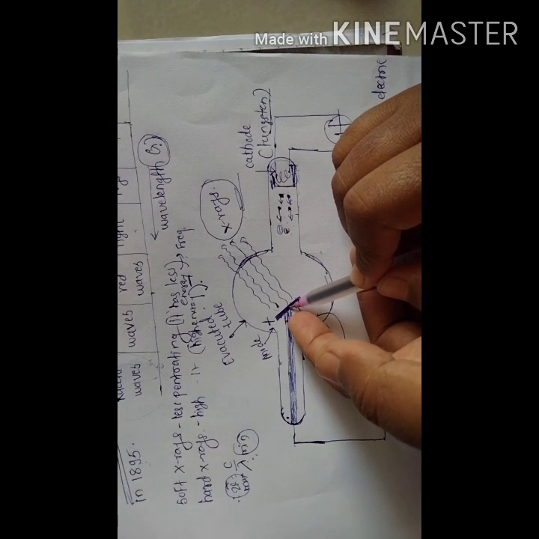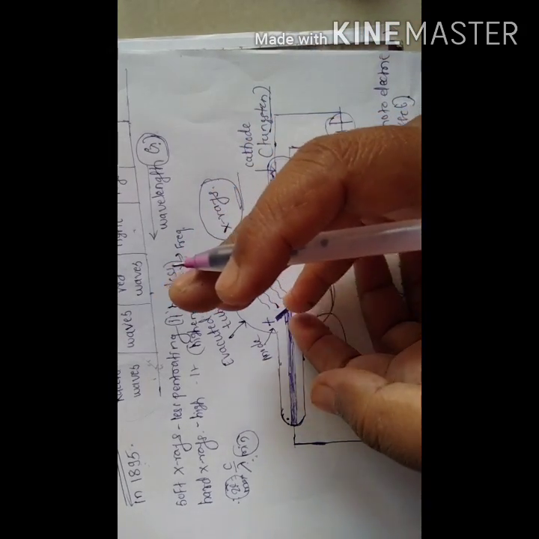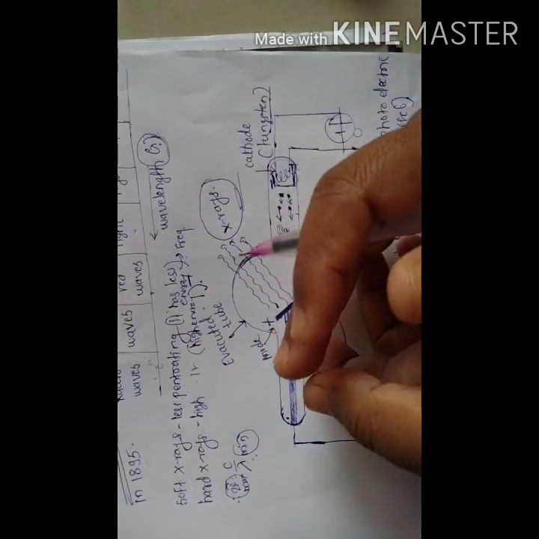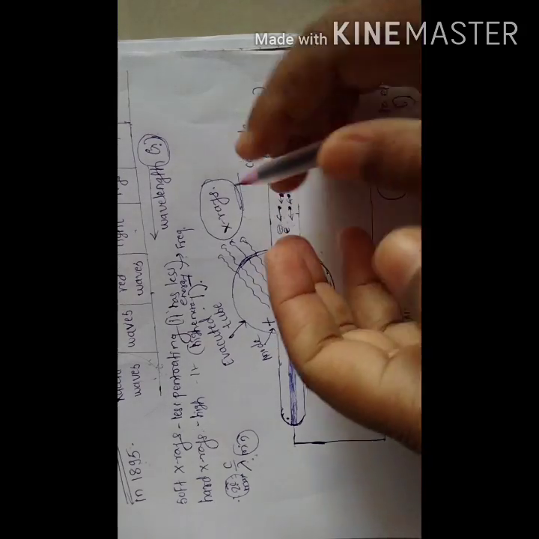And what will happen when the electrons are bombarded on the target material? A large amount of energy is emitted from the target material in the form of X-rays.